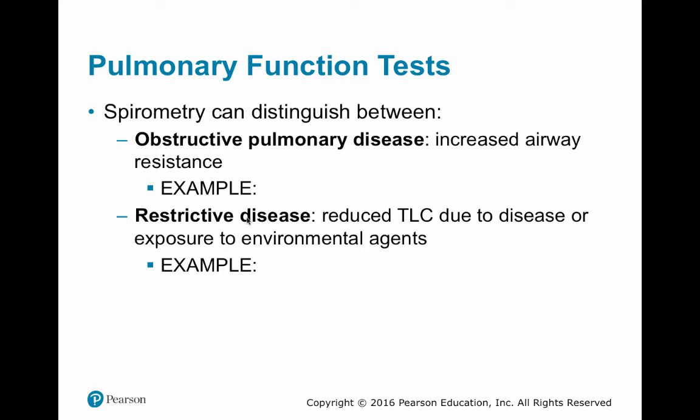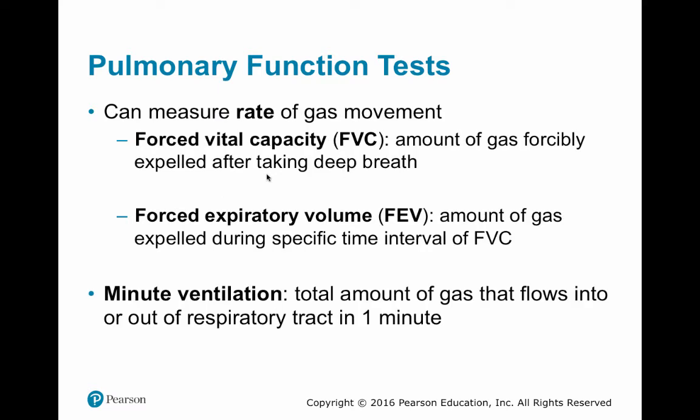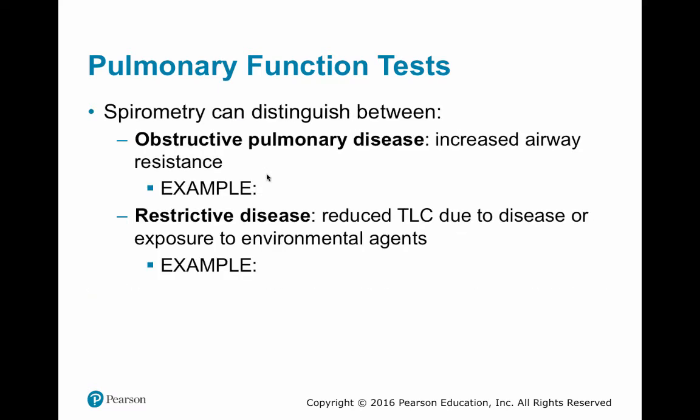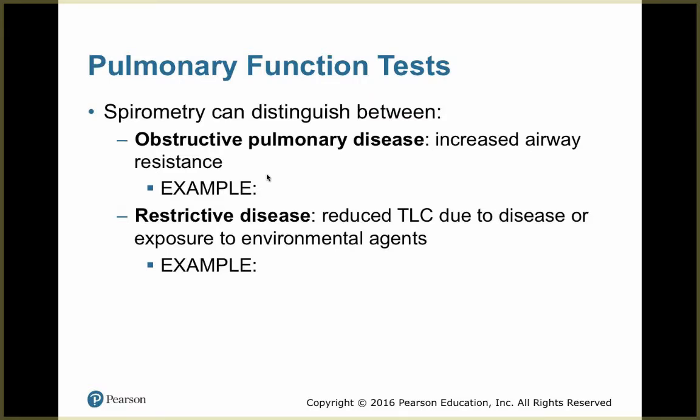So a spirometer can essentially help us to distinguish between obstructive and restrictive disease. Obstructive pulmonary disease is going to increase airway resistance. An example of this would be bronchitis.